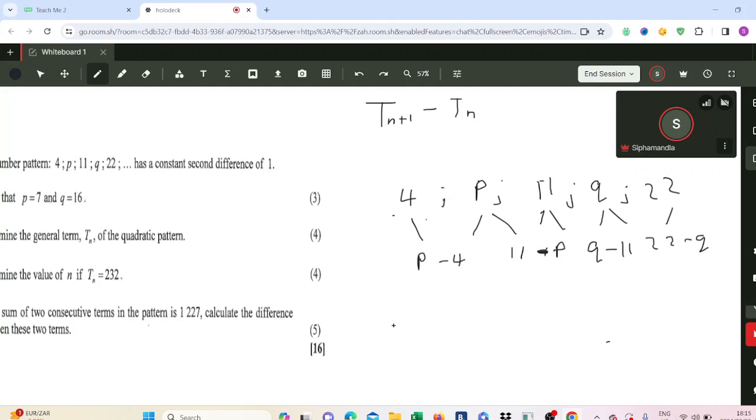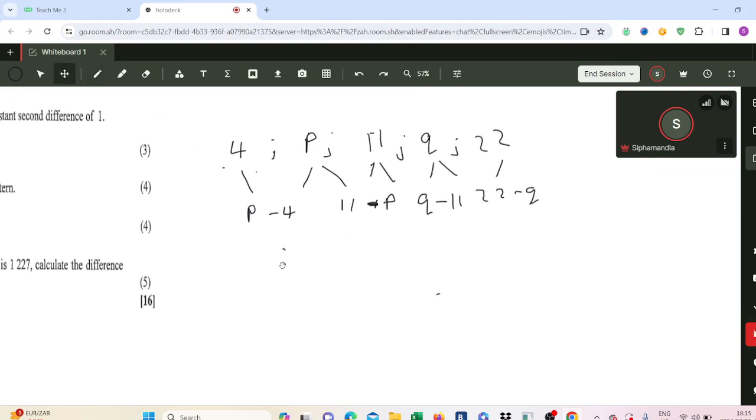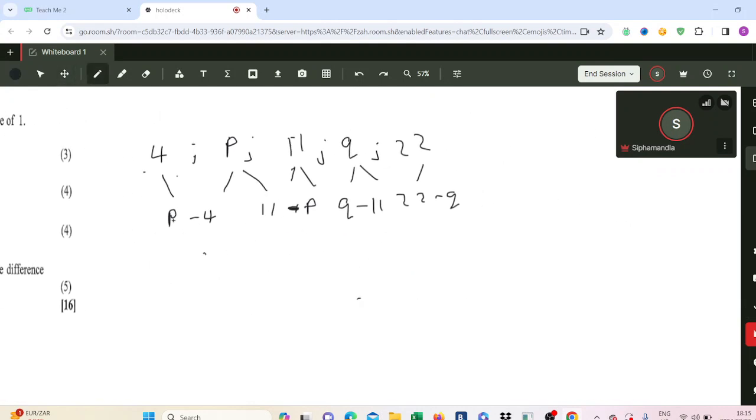Now we have to find the second difference. To find the second difference, I will make the calculation here to make everything clear and simple. I will have 11 minus P minus into P minus 4, because this is the one that is ahead and this one is behind. Distribute the negative: minus P, negative times negative is plus 4.